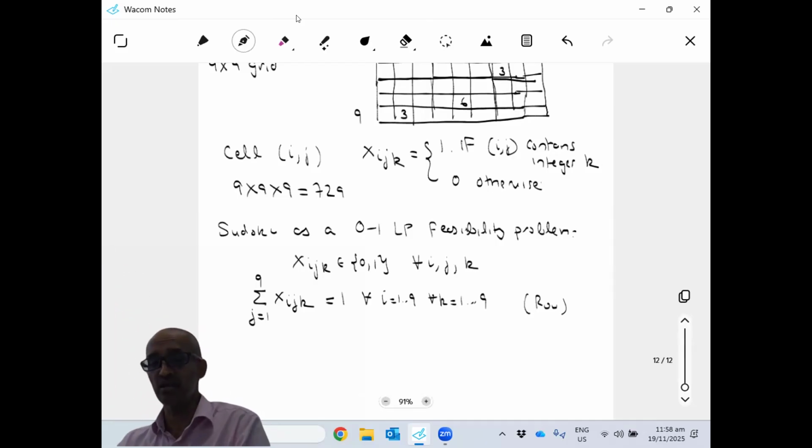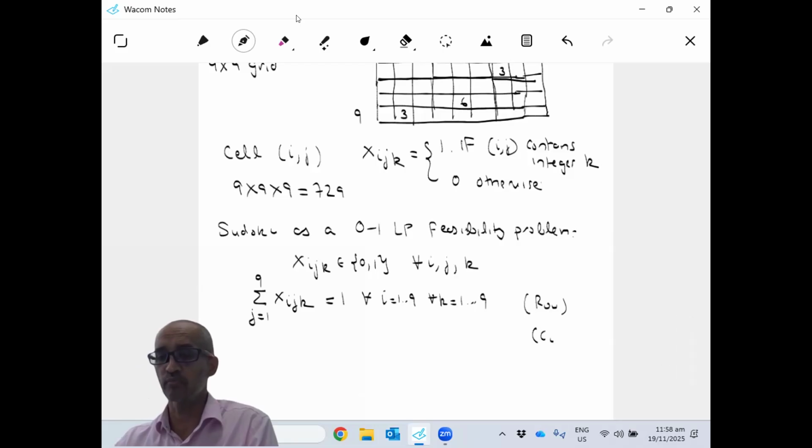Because all of these are binary, only one of them can be 1. So only one of these cells can have x9j2 be 1, because they add up to 1. Is that clear?